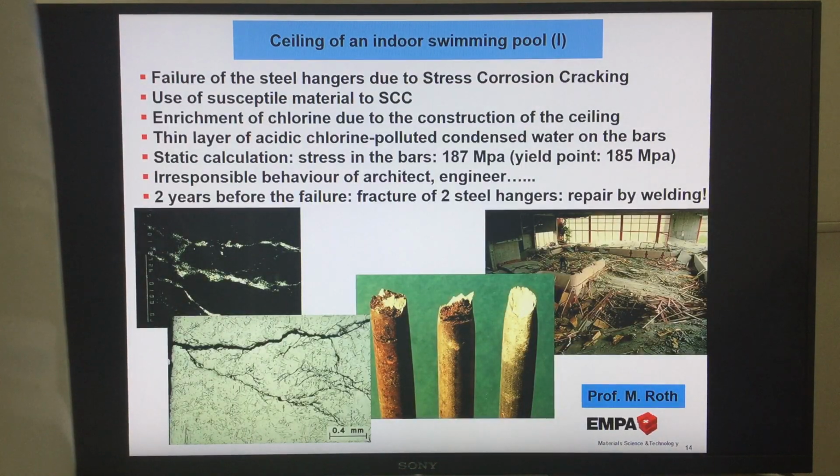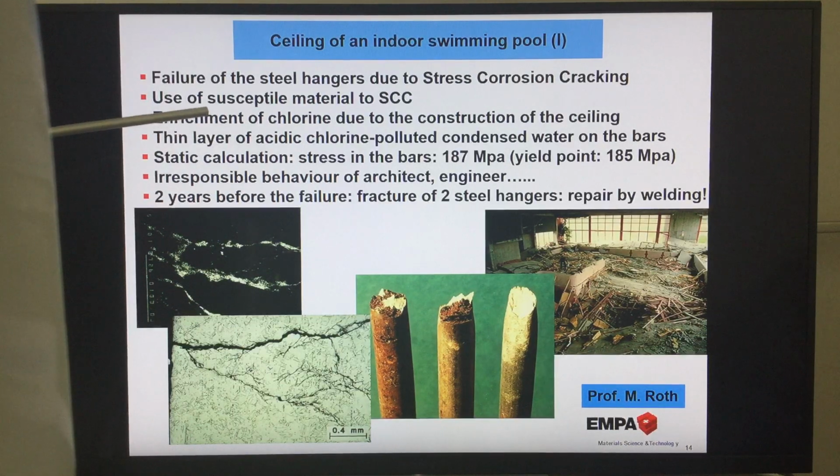Now we come here already to the conclusion. The mechanism was finally very fast to understand. The failure of the steel hangers is due to stress corrosion cracking. And think of the three conditions for stress corrosion cracking. First, the use of susceptible material, that is our stainless steel.